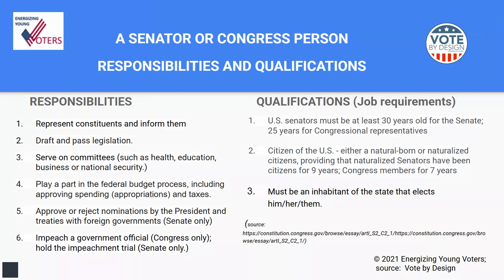A third thing is they have to serve on some kind of committee, and there are dozens of committees, and their appointments are pretty much based on seniority and interest or background, unless somebody's trying to be nasty about it. The fourth thing is that they play a part in the federal budget process, including approving spending, which is called appropriations, and approving taxes.